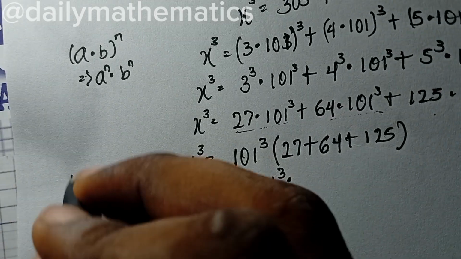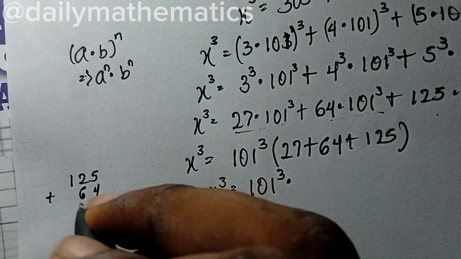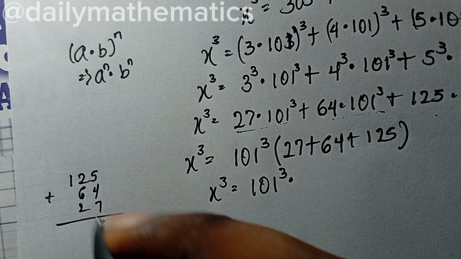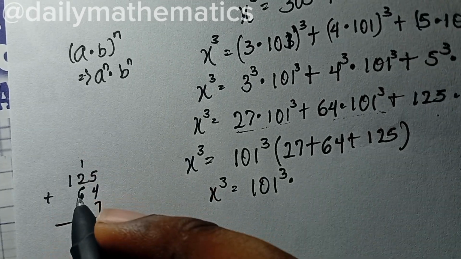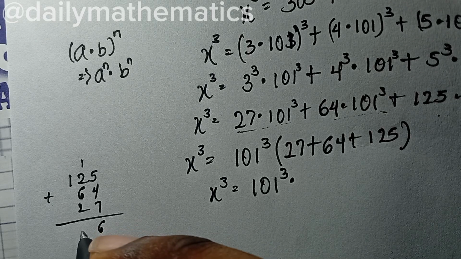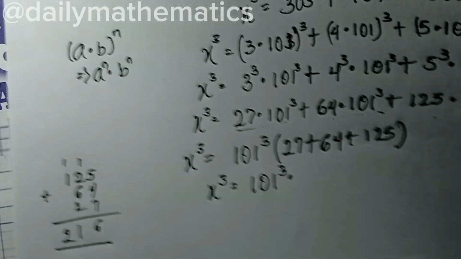Let's calculate. 125 plus 64 plus 27: 5 plus 4 plus 7 is 16, then 1 plus 2 plus 6 plus 2 is 11, and then we have 2. So this gives us 216.